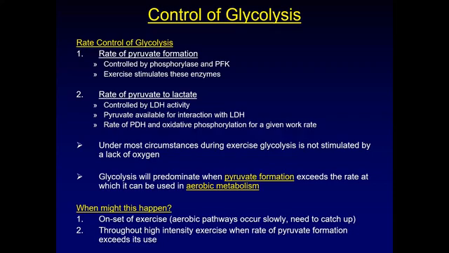We then have how much of the pyruvate goes to lactate and how much of that pyruvate is going to go into the Krebs cycle. Pyruvate to lactate, so true glycolysis, is controlled by LDH. It's also partially controlled by, generally, if PDH is more active than LDH, we're going to take more of that pyruvate into the Krebs. That's going to be a good thing.